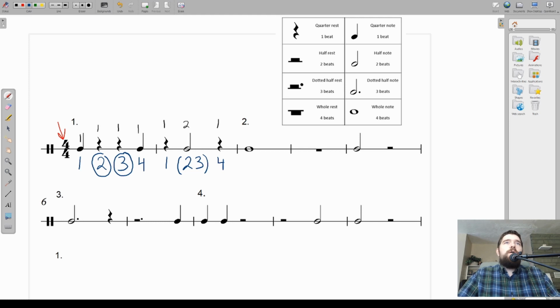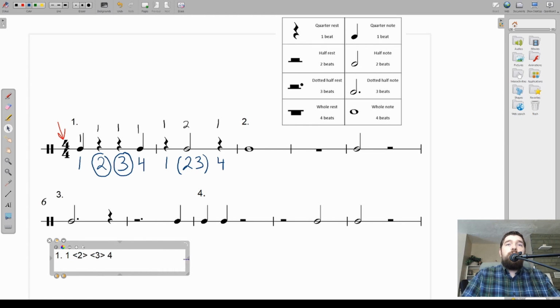So when I write it out, it's going to look like this on my answer sheet. We have 1, and then, because I can't circle it using the keyboard, I put it inside of those different type of brackets, the greater than and less than symbols. All right, 1, 2, 3, and 4.